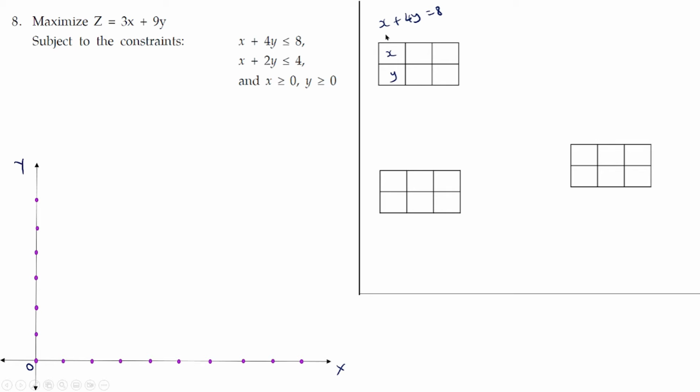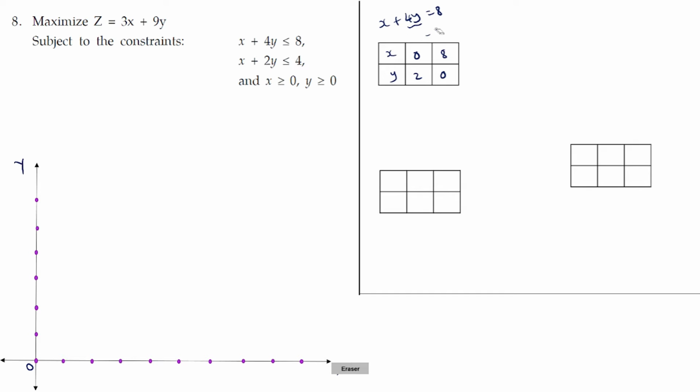The easy method is we can give x as 0 and we can find y. When x is 0, we will get 0 plus 4y equal to 8. So y will be 8 by 4, which is 2. So when x is 0, y is 2. And the next point we can give is, we can choose y as 0. When y is 0, we get x as 8.